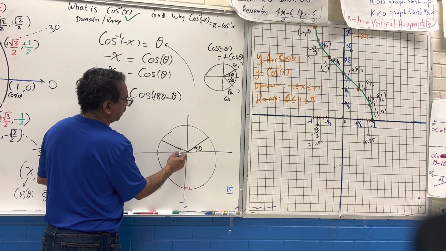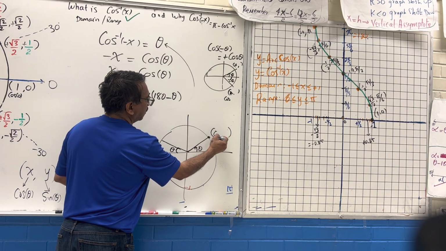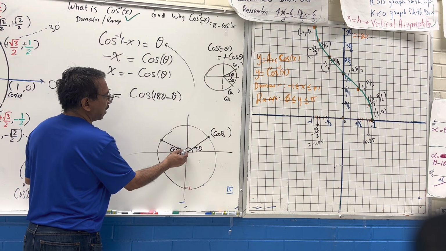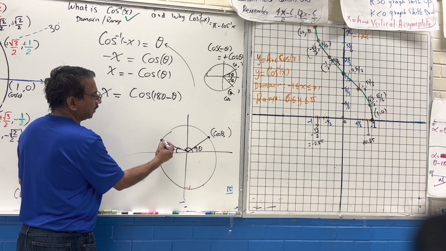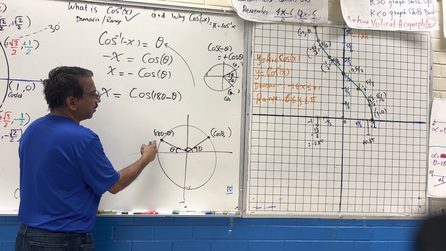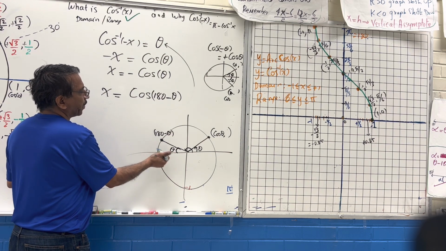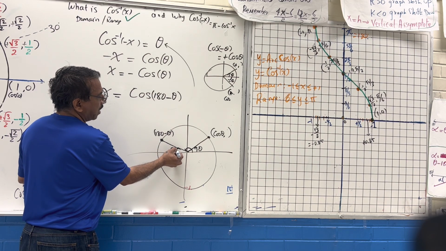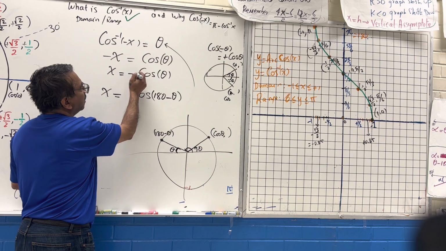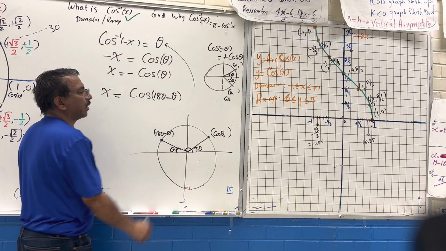So if this is cosine theta, and on the other side you go all the way here, this angle is 180 minus theta. This is the reference angle, which is theta. So minus cosine theta is the same as writing cosine of 180 minus theta.